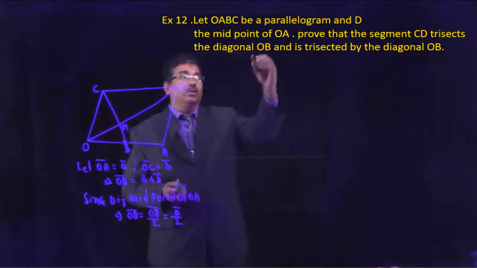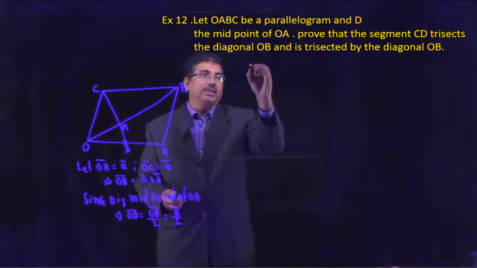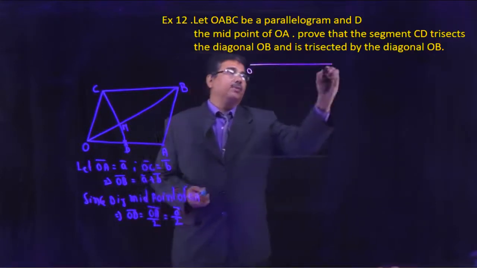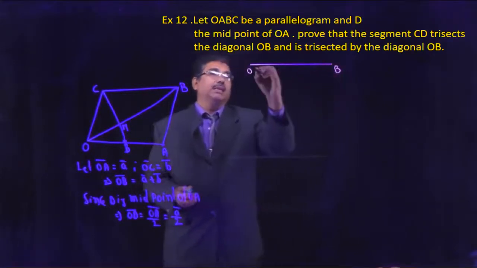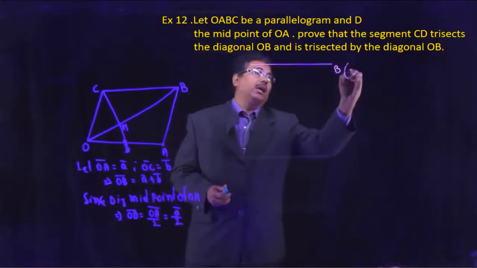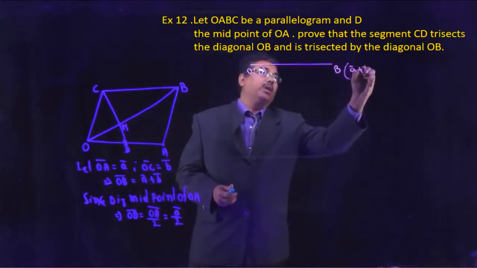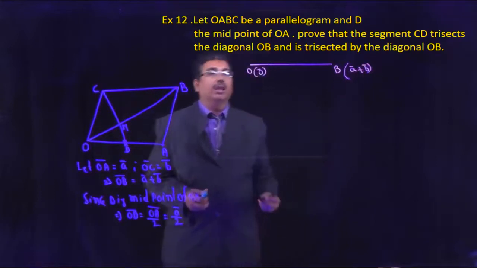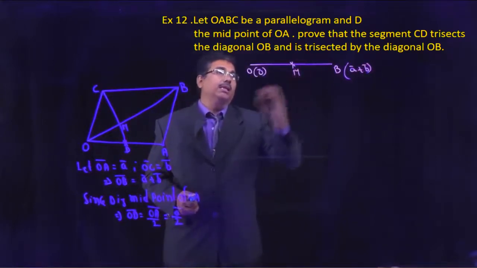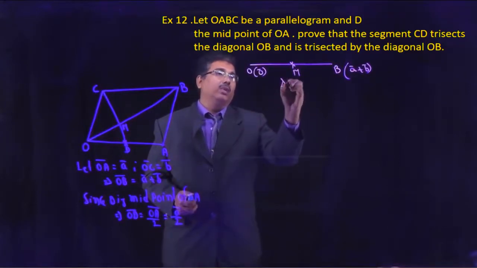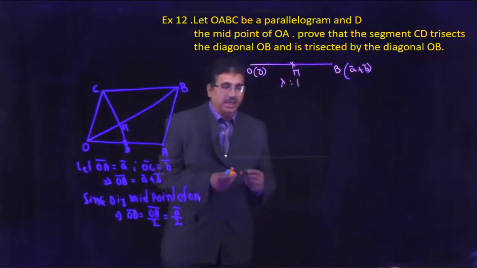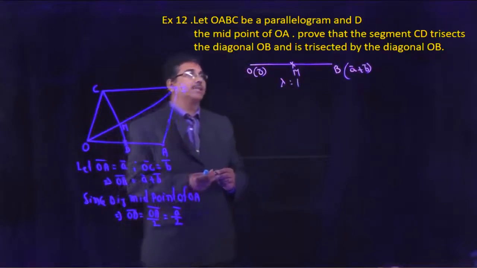The position vector of O is O bar, and the position vector of B is A bar plus B bar. Suppose M divides OB in the ratio lambda is to 1.